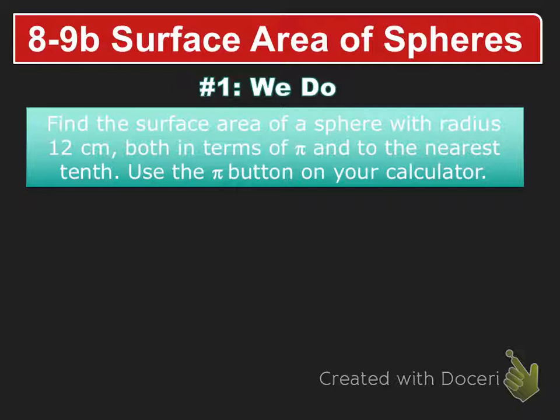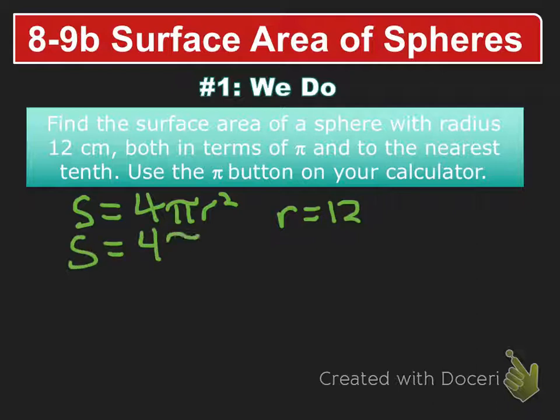Number 1. It asks us to find the surface area of a sphere with a radius of 12 centimeters, both in terms of pi and to the nearest tenth. So like I said, to find the surface area, it's going to be 4 pi r squared. Well, it tells us that our radius is 12. So surface area equals 4 pi 12 squared. Remember, when we're trying to find it in terms of pi, we just take our numbers and multiply those together.